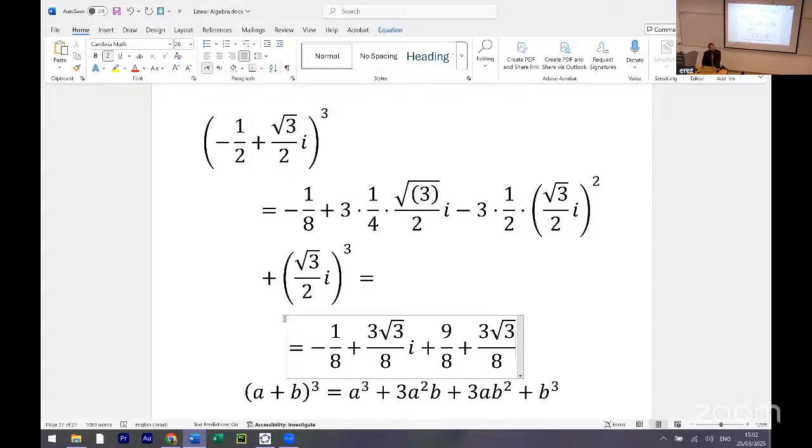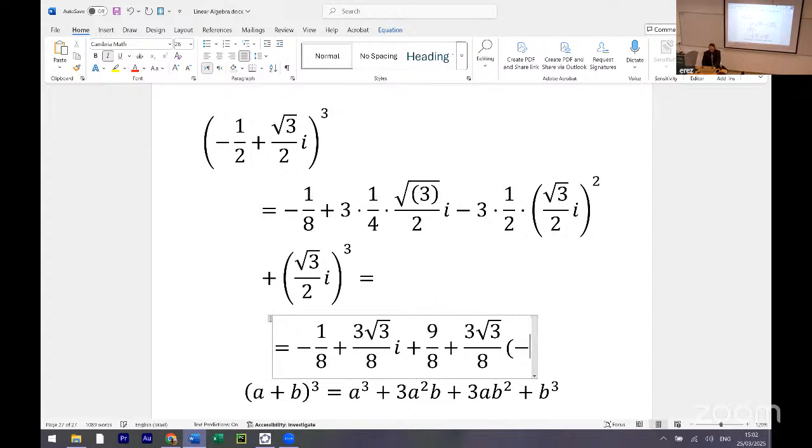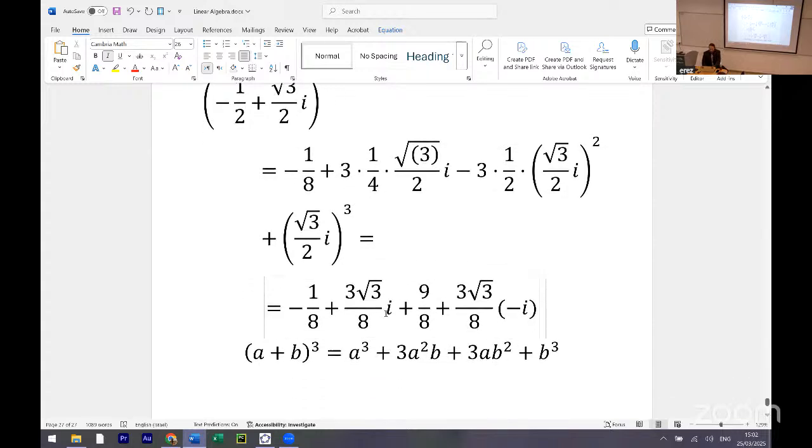What is i cubed? It's i times i, which is negative 1, times i, so minus i. And you can notice that this and this cancel out. And we're left with 9/8 minus 1/8. And what is it all equal together?